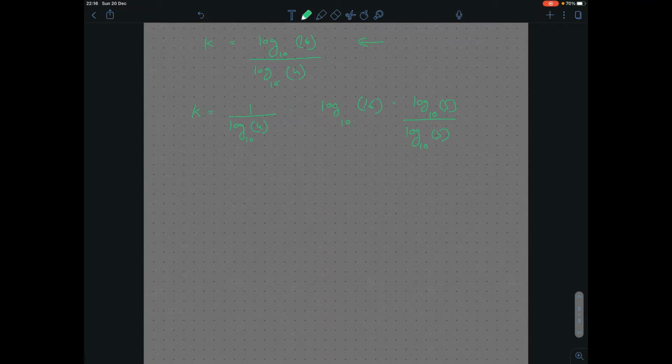So k is equal to, we'll just bring this expression on the top over here. So we have log 10 of 5 divided by log to the base 10 of 4, multiplied by log 10 of 16 divided by log to the base 10 of 5.